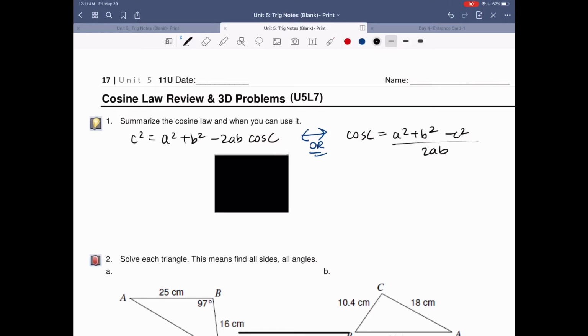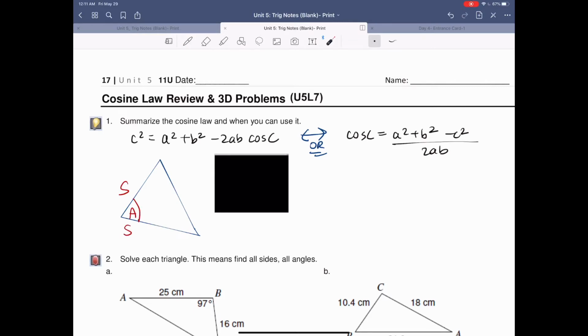So let's take a look at it in terms of a triangle. It's very specific on what you're given, and so you have to be given a side, angle, side, and it has to be in that order.